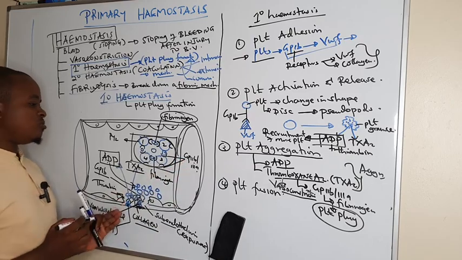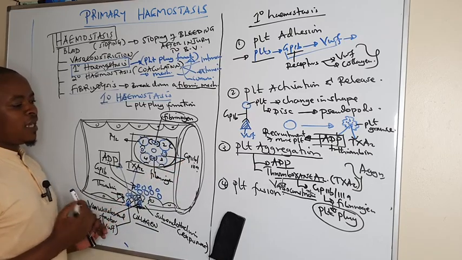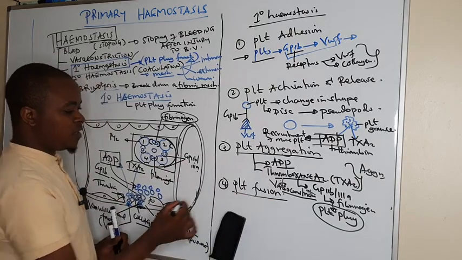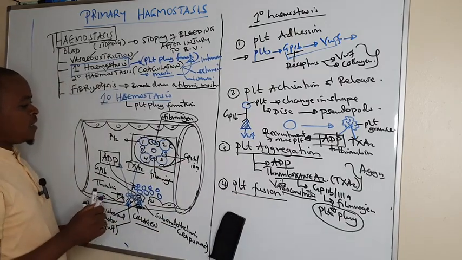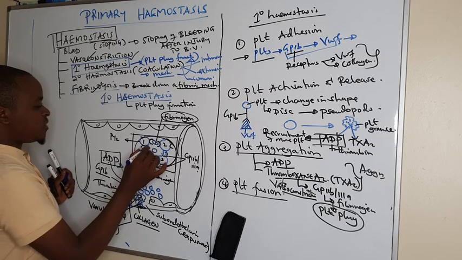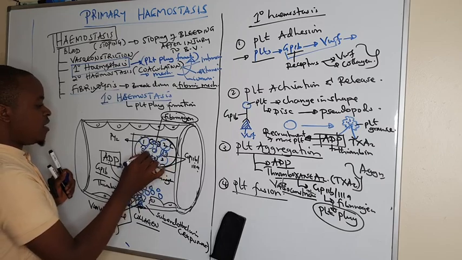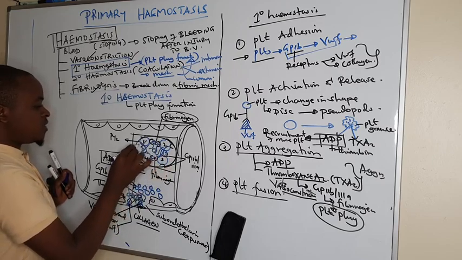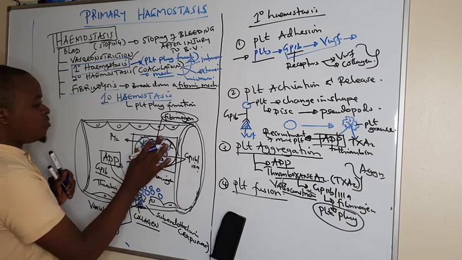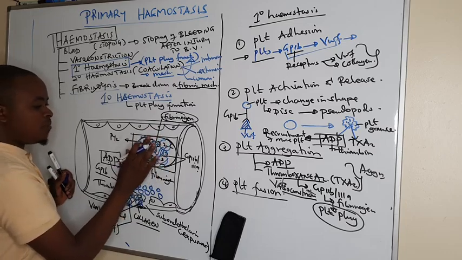So lastly, when the platelets aggregate at the injured site using fibrinogen and in the presence of glycoprotein 2B/3A, the last step is platelet fusion, whereby these platelets fuse in the presence of fibrinogen, starting to fuse together to close the gaps in between. So they fuse together to form a complete platelet plug.